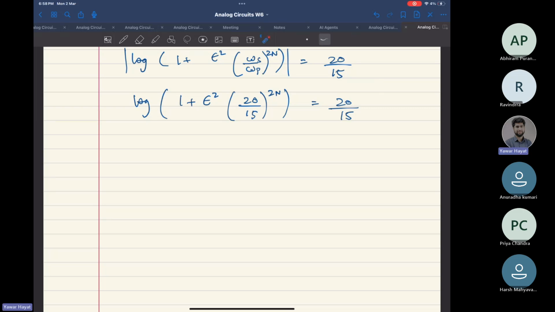Can't I write this simply as epsilon square, 20 by 15 raised to the power 2n? Can I do this? See, there are only two options, right? Either yes or no.